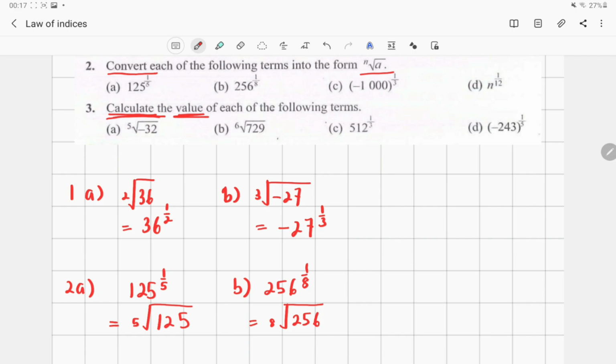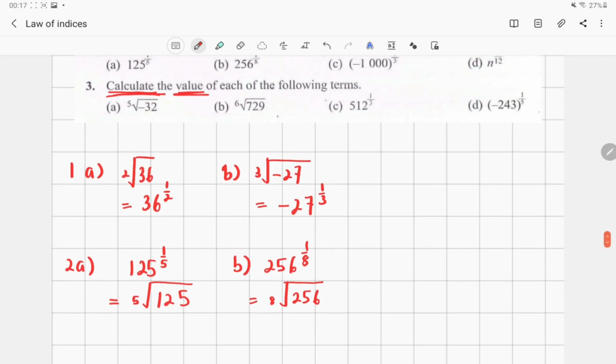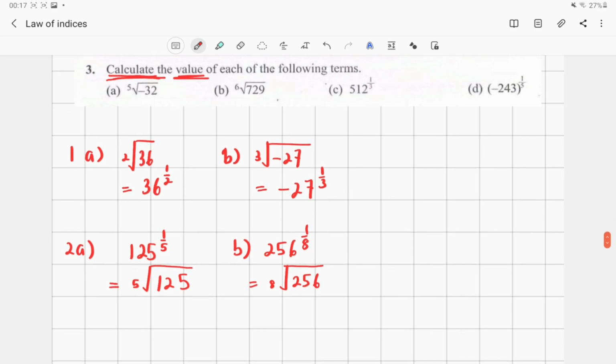When you want to calculate the value for this topic, when it involves indices, you cannot use a calculator. I repeat, you cannot use a calculator. Now I take question 3a. The fifth root of negative 32. So you have to convert this, negative 32 to the power of 1 over 5.